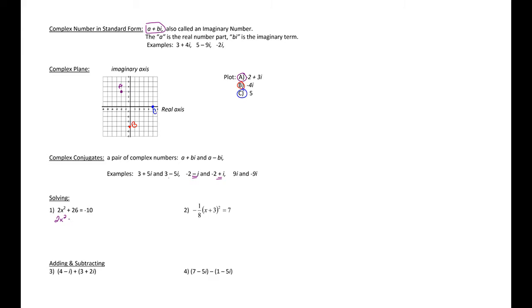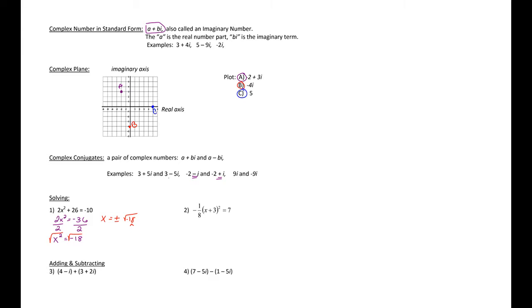So I'm going to subtract 26 to get 2x squared equals -36. Then we're going to divide by 2 to get x squared equals -18. Then we're going to take the square root of both sides to get x by itself. So we end up with x is equal to a positive or negative square root of -18.